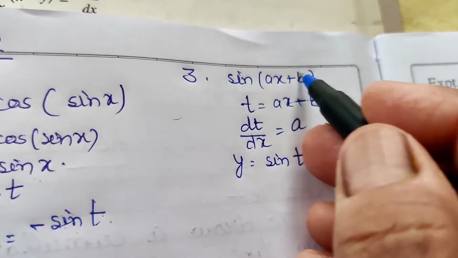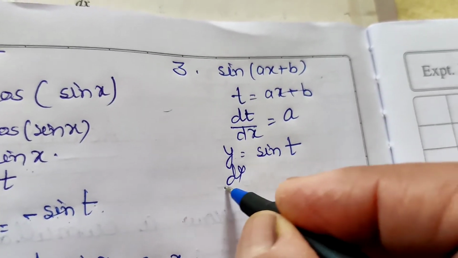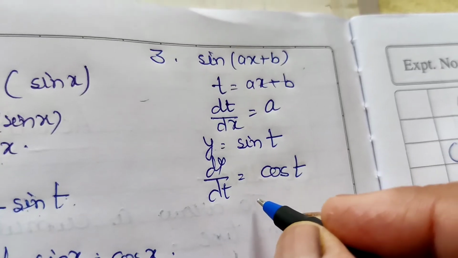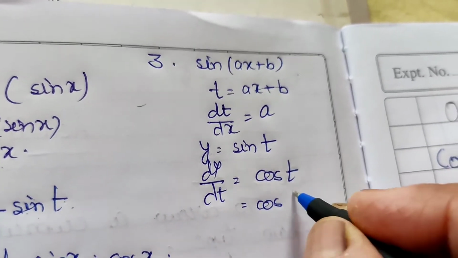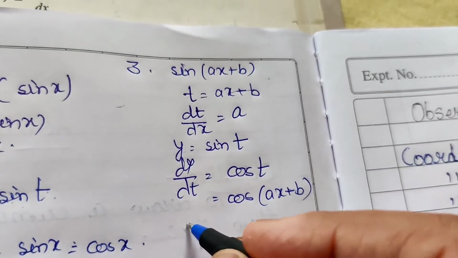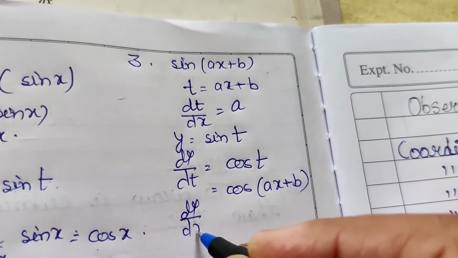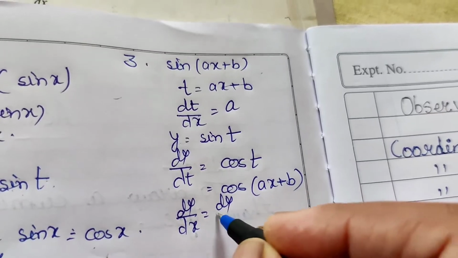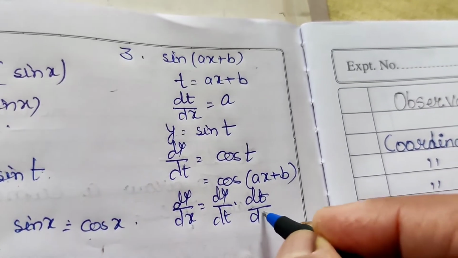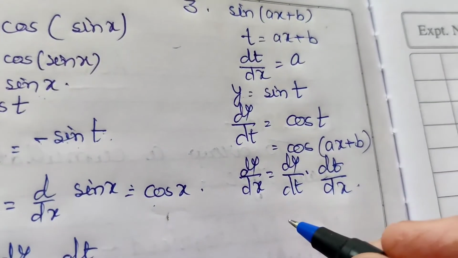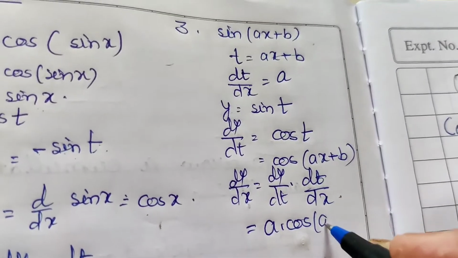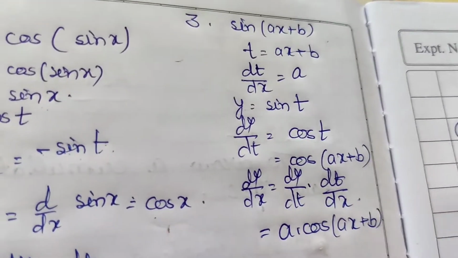Now dy over dt equal to cos t, and t equal to ax plus b. Now write dy over dx, dy over dt into dt over dx. It means a into cos(ax plus b). This is the answer.